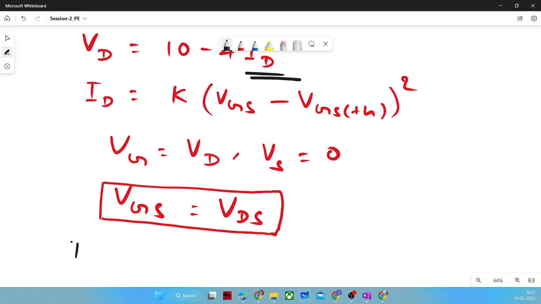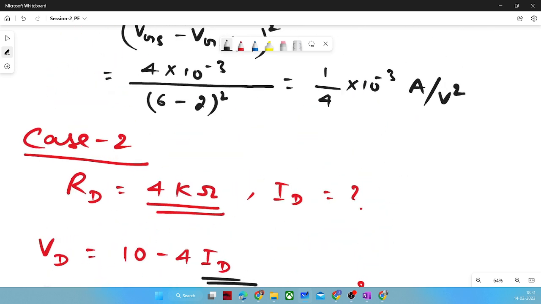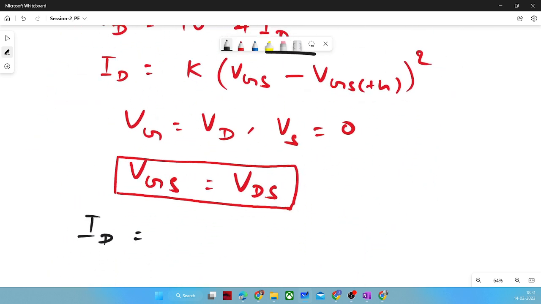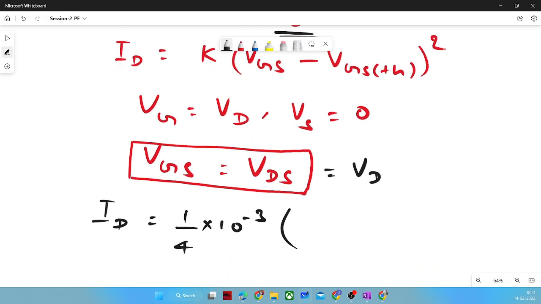ID is equal to K, which we computed, that was 1 by 4 into 10 raised to power minus 3, times VGS, which is equal to VDS, equal to VD. And VD we can write as 10 minus 4 ID.